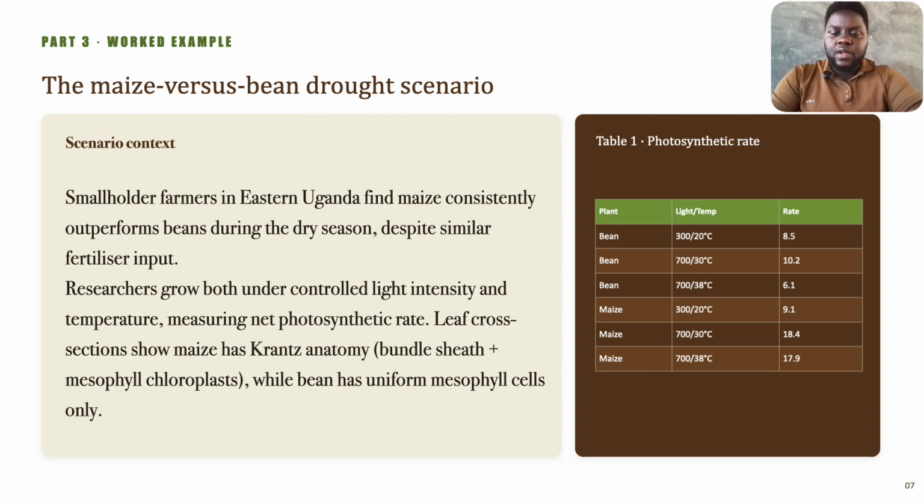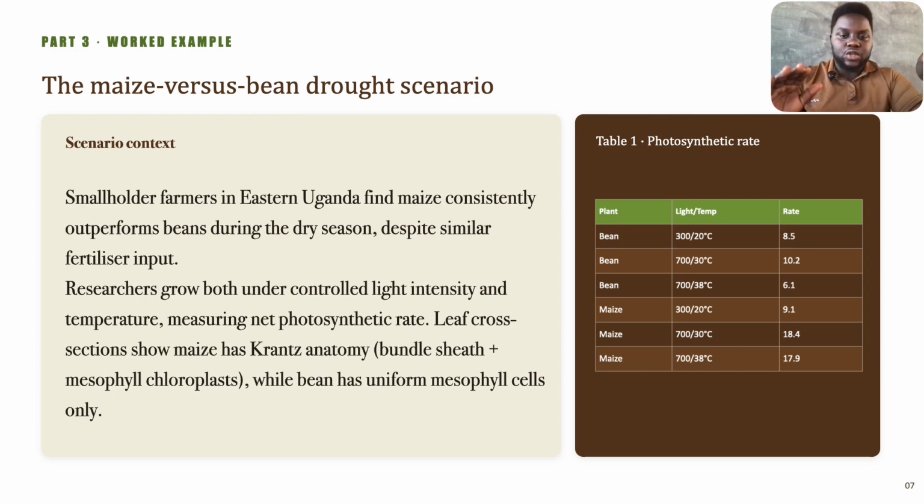Let's continue. When you go to 700 micromoles of light and 30 degrees, that means we have brighter light and warmer temperatures. Bean rises to 10.2 and maize jumps to 18.4. Maize has nearly doubled the rate of beans. Pay attention to that. Let's go to 700 micromoles of light and 38 degrees. It is still hotter. Watch what happens. Beans fall from 10.2 to 6.1.